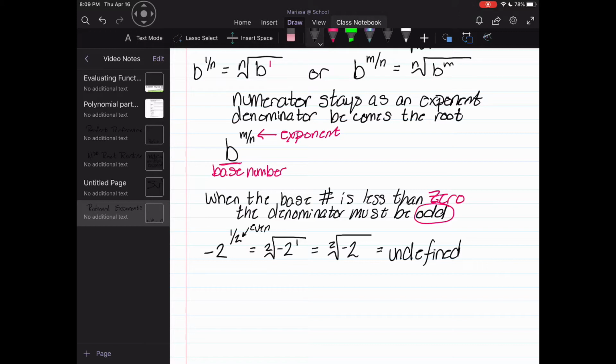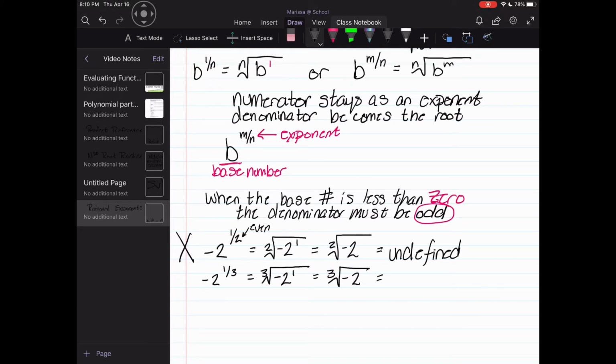So this can't be done. This is not correct. I'll put an X there because it doesn't work. But you could do it if it was odd. So if I had -2 to the 1 over 3, that just means that I have the third root of negative 2 to the first power. So just taking the third root of negative 2, and if you type that into a calculator, it will give you an answer. So that is why.